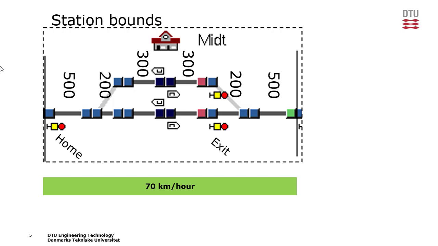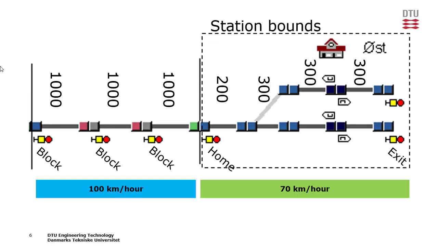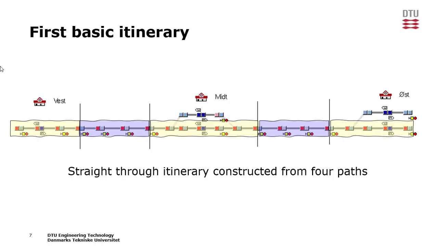Again, it's 70 km/h. Then to the right, another 3 kilometers of open line, and then another station of the same structure and the same basic configuration that terminates. It has terminating tracks.